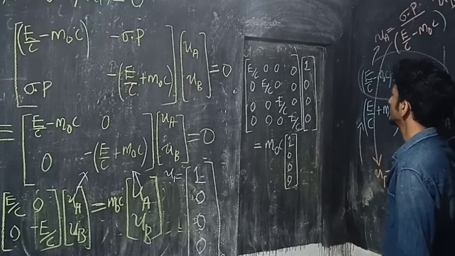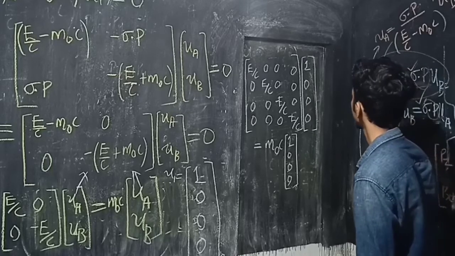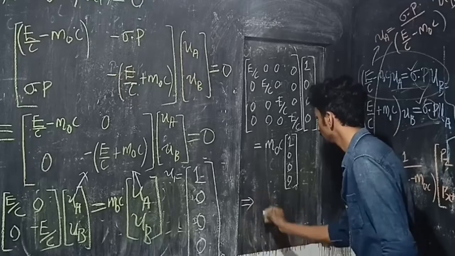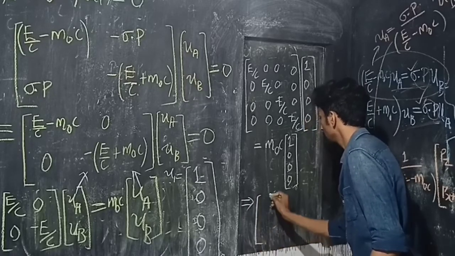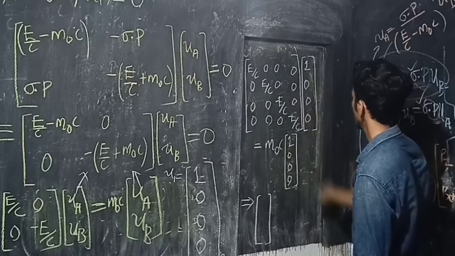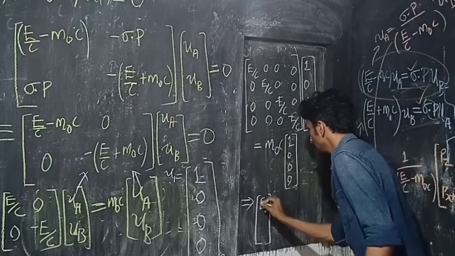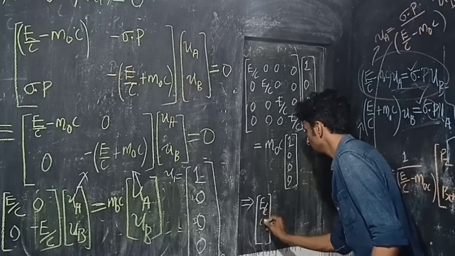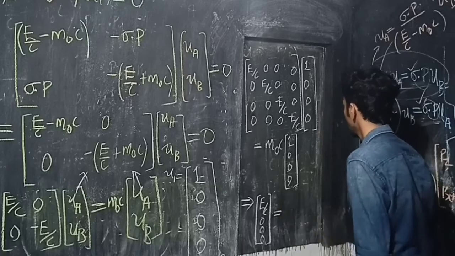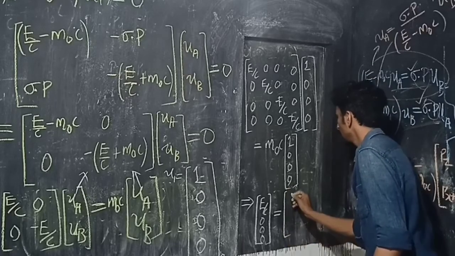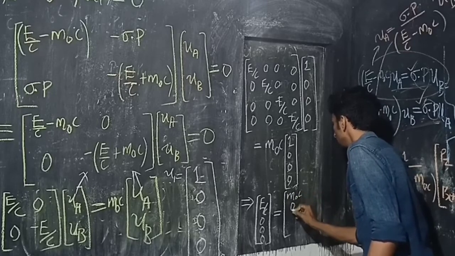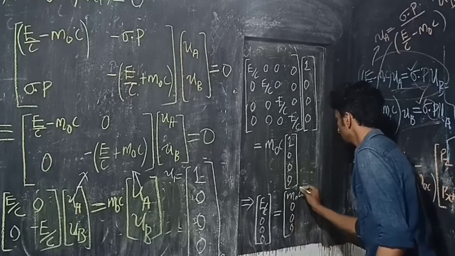So on opening this, you can see that this gives E by C, all remaining are 0, so E over C is equal to m naught C, 0, 0, 0.